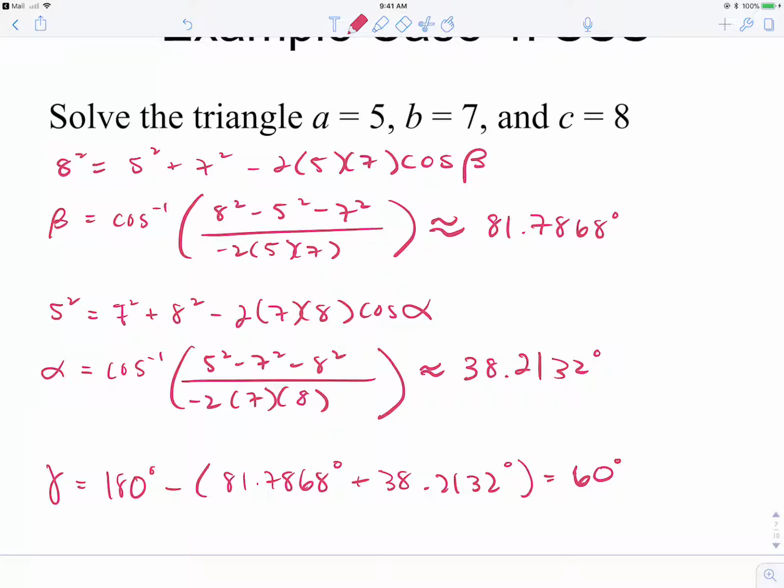Exactly. And I believe that's what we got when we were using inverse cosine as well. So when we used law of sines to solve for gamma yesterday in class. Okay, so those are the 3 angles.